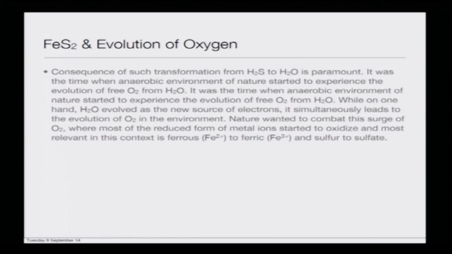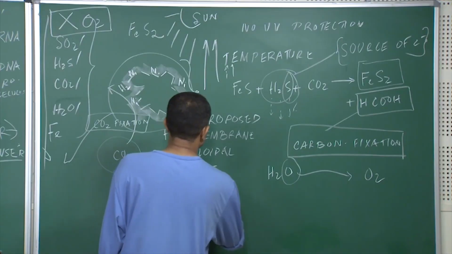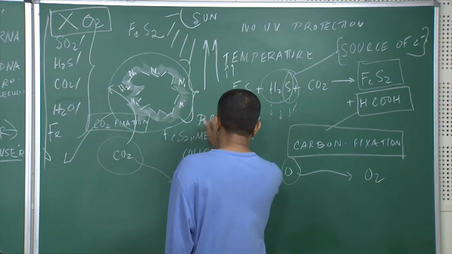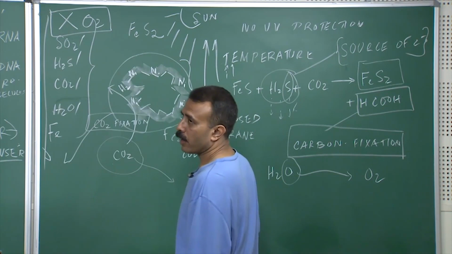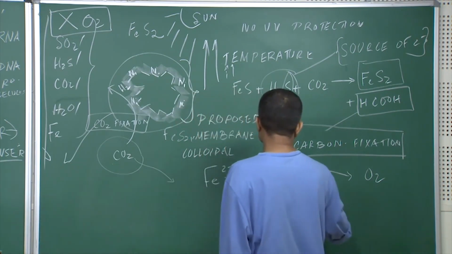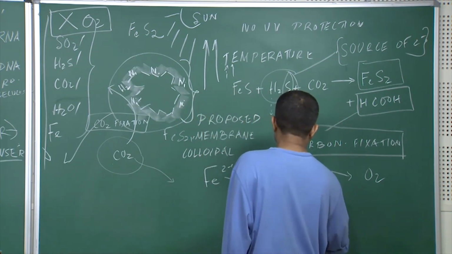in the environment. Nature wanted to combat that surge of oxygen, where most of the reduced form of metal ions started to oxidize. Most relevant in this context is most of the Fe2+, which is present in iron disulfide, became Fe3+.